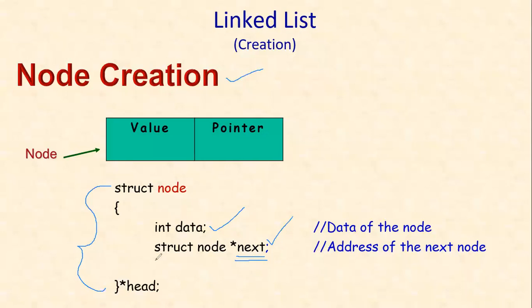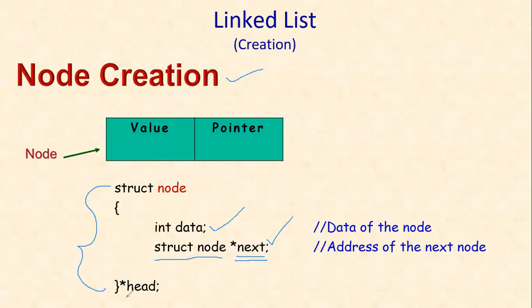That is why I am declaring it as struct node *next, because this pointer is of the same structure type. This is called a self-referential structure. Now this is how I declare a node.